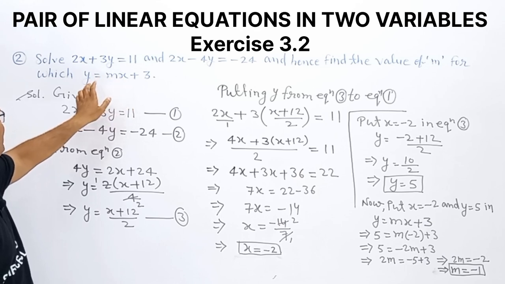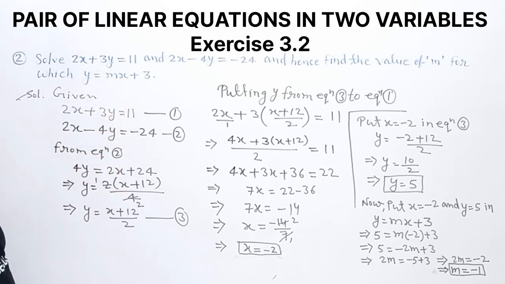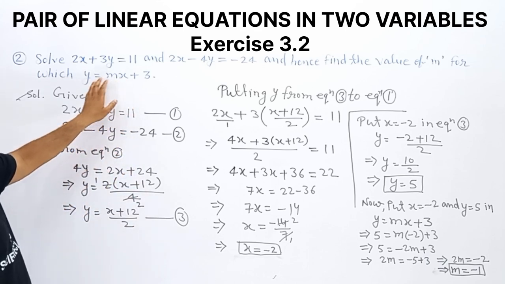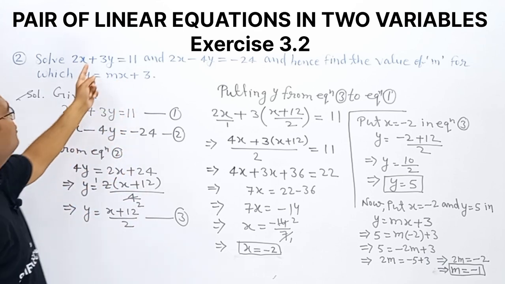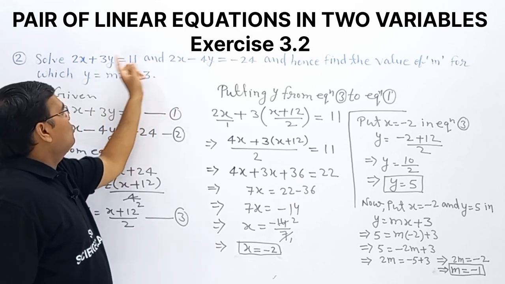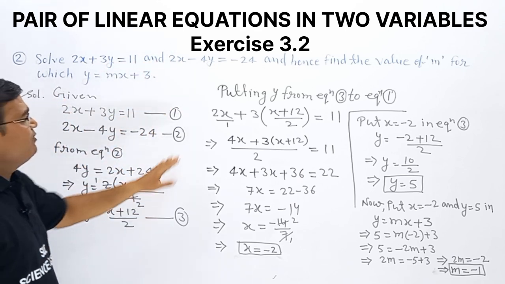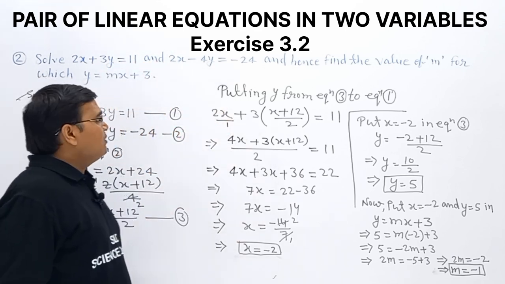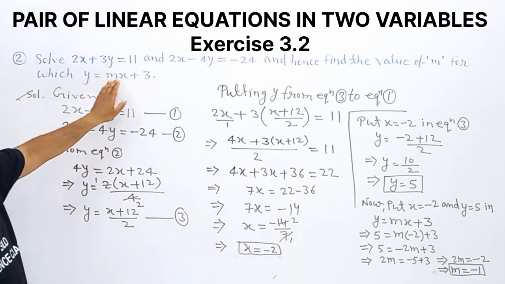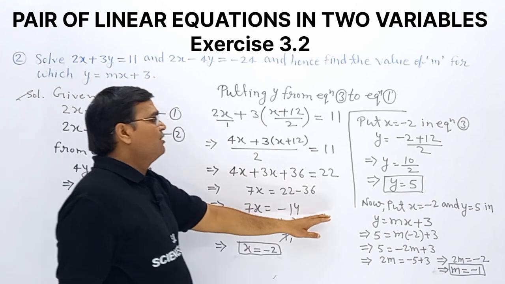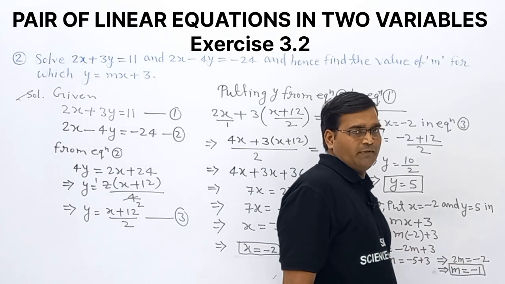So once we know the values of x and y, we can easily find the value of m. These x and y are the solution of these linear equations. So by using the substitution method, we are solving these equations, finding x and y, and putting them in this equation, and we are getting the value of m equal to minus 1.